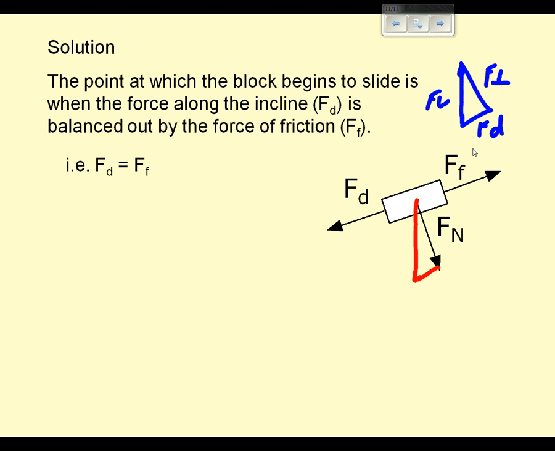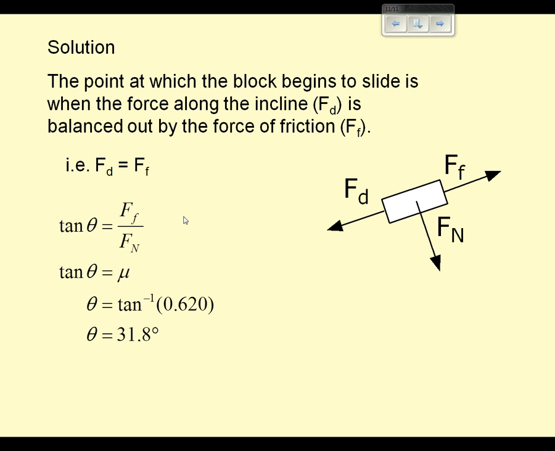In this triangle here, this angle here, remember that theta there is the same as what? That angle there, right? So let's look at this triangle here. What do we know? Could you say that if this is theta and this is Fd, that tan of theta, opposite over adjacent, tan of theta is Fd over Fn, right?